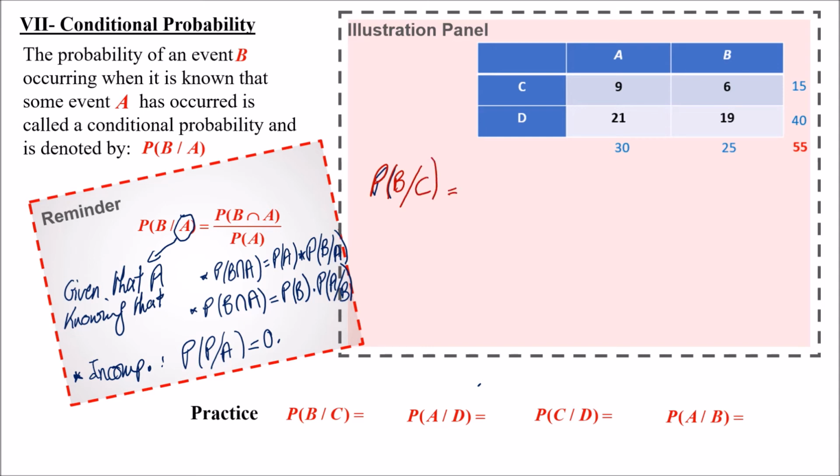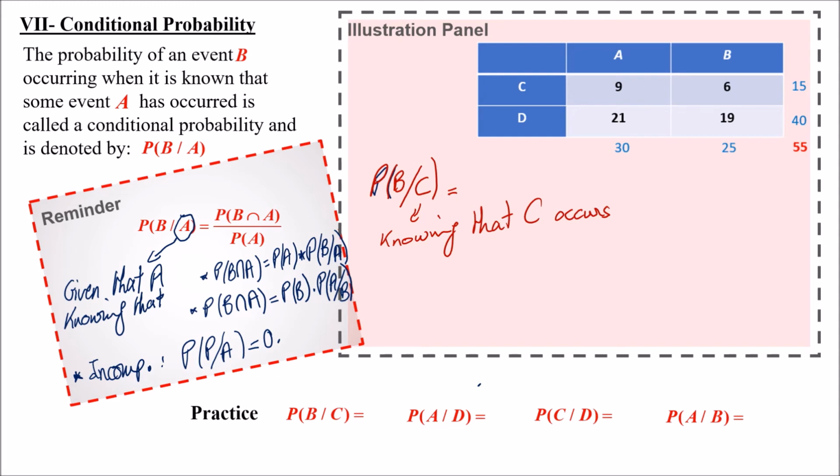Here I need a lot of focus, because there's a certain way we use tables in order to find the conditional probabilities. The first thing is, as we have said, this means that knowing that C occurs, we are working just on C. So I need to highlight this.